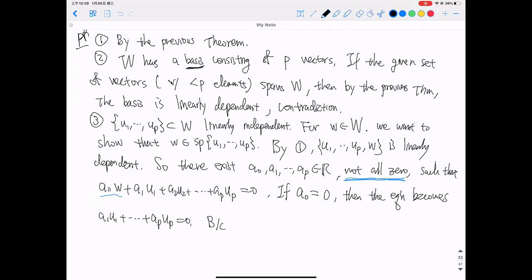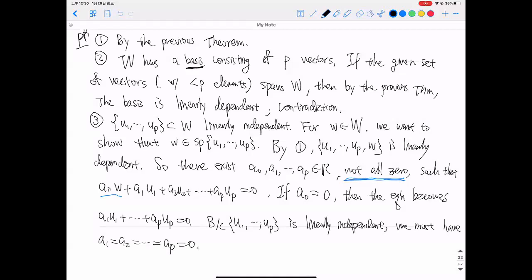But because U1 through UP is linearly independent, we must have these A's being 0 in order for such a linear combination to equal the 0 vector.